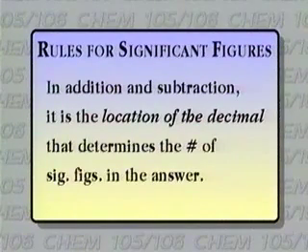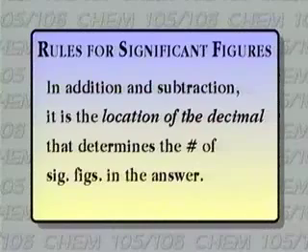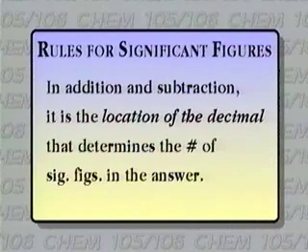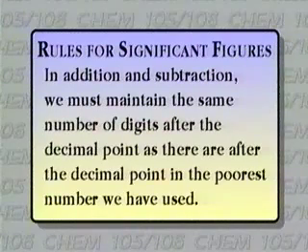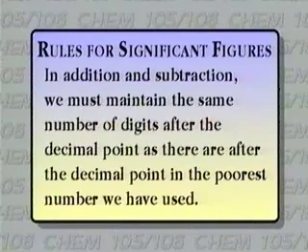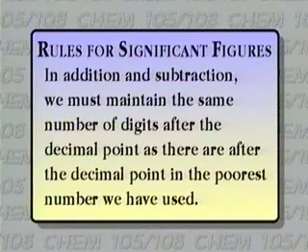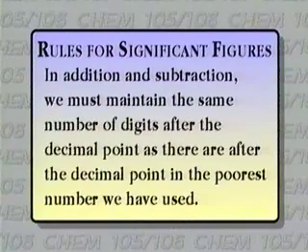In adding or subtracting, it really depends upon the numbers after the decimal point that we're concerned with. We must maintain the same number of digits after the decimal point in the added or subtracted answer, the same number of digits after the decimal point as the poorest number that we have used.